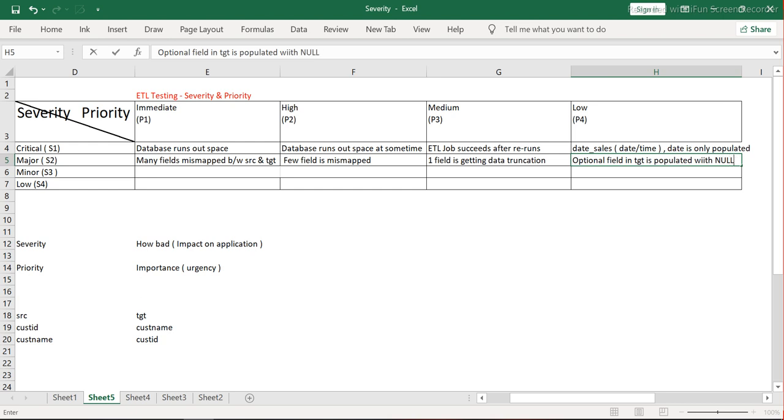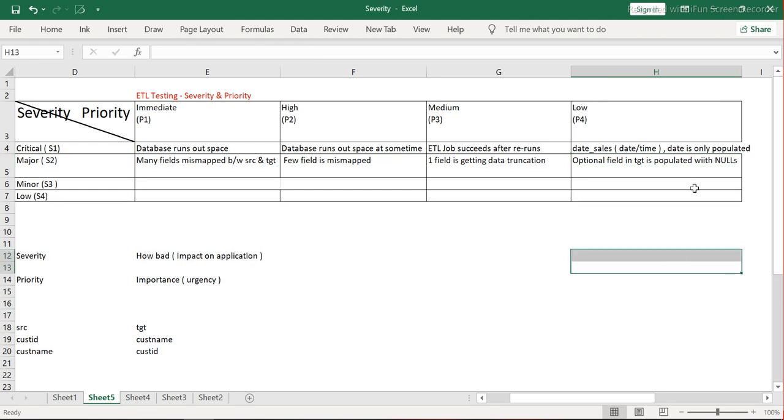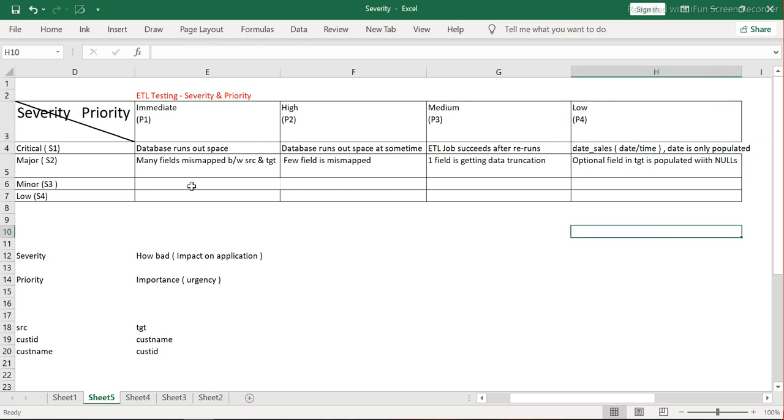What does it mean, guys? It means that the optional fields are also supposed to have some data, but they are not actually populated with anything. But we are still okay with that, because these are optional fields and we do not really worry too much about it. That's why it is low, right?